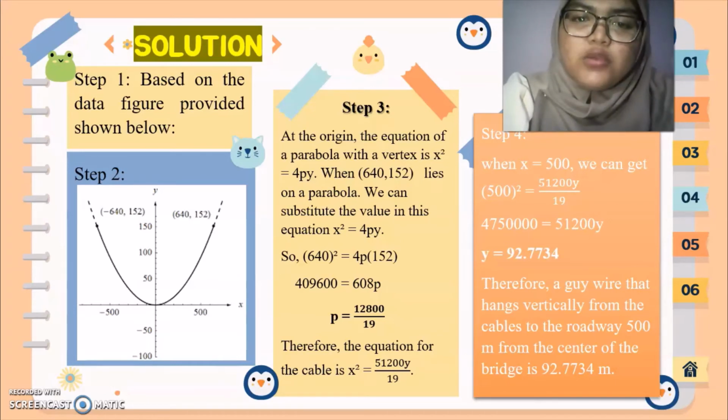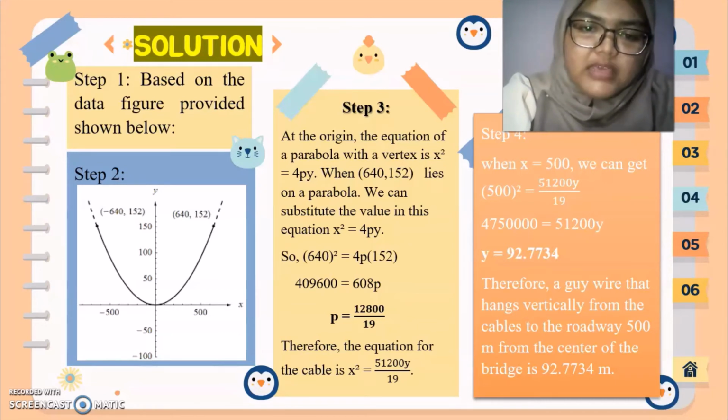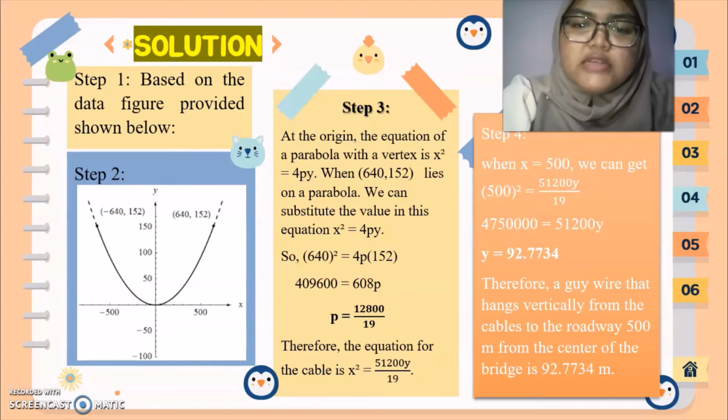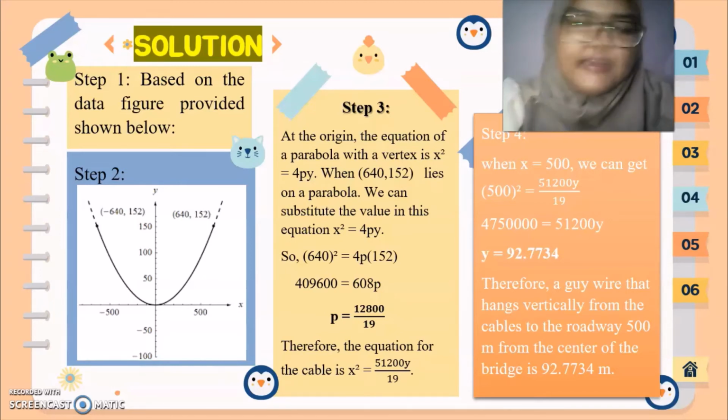X squared equals 4py. So the answer is p equals 12,800 over 19. Therefore, the equation for the cable is x squared equals 51,200y over 19.